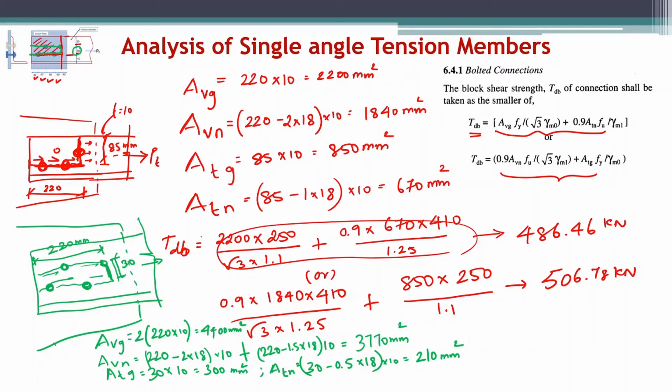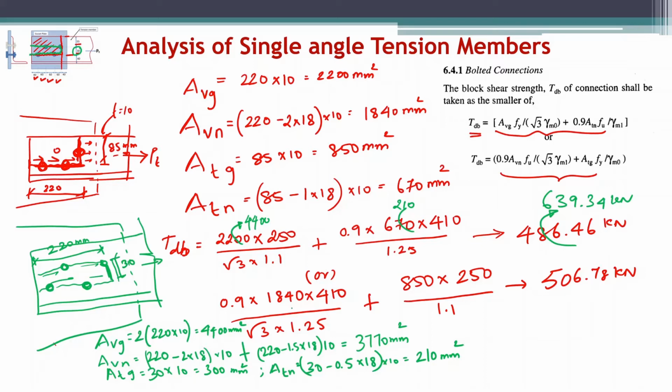Now in the same equation, instead of 2200 you need to substitute 4400, and ATN here is 210, and the value we are getting is 639.34 kilonewton.